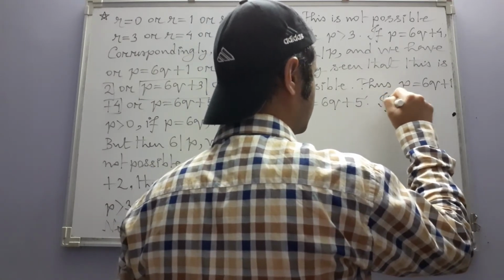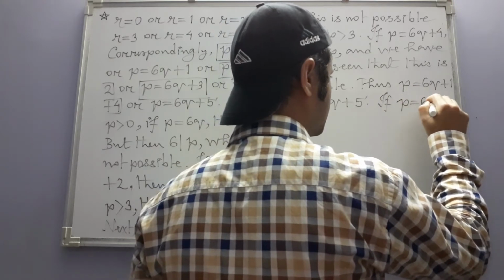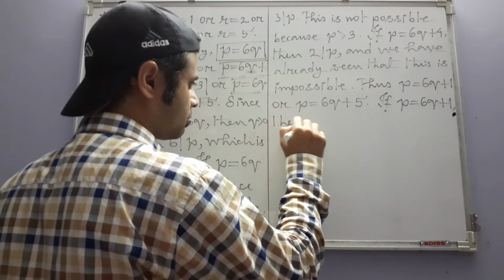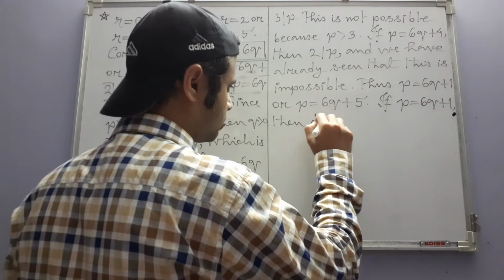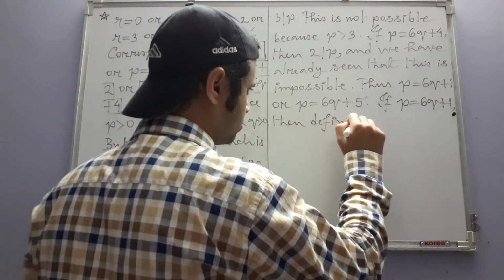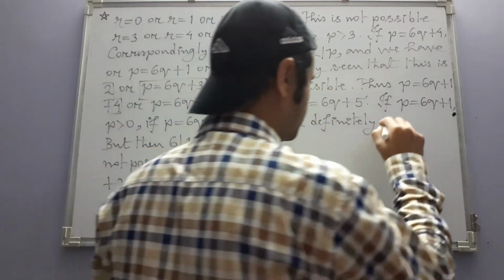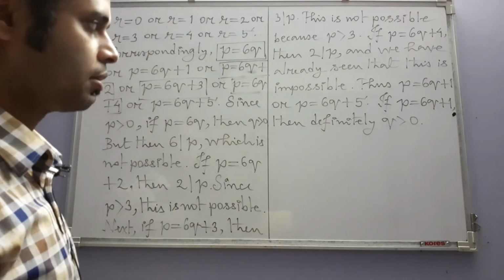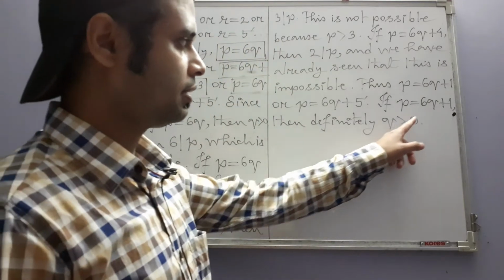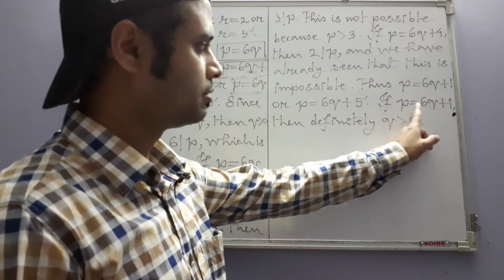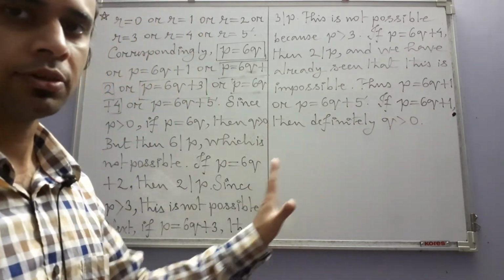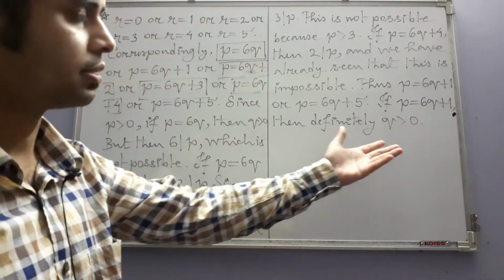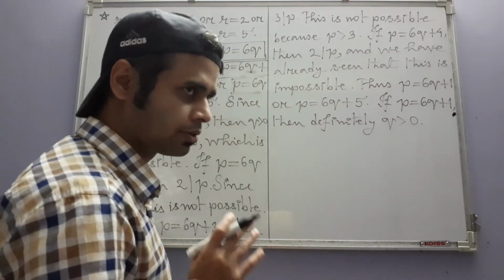If p is equal to 6k plus 1, then definitely q is positive. Do you see why? q cannot be equal to 0 because then p would be equal to 1. 1 is not a prime number, and q cannot be negative because then this would be negative. Okay, so that's why q must be greater than 0.